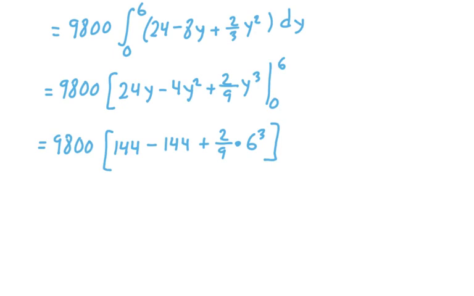So I'm going to take 216 divided by 9 times 2, and I'm going to get 48. And I'm going to take 48 times 9,800. And I'm going to get 470,400.